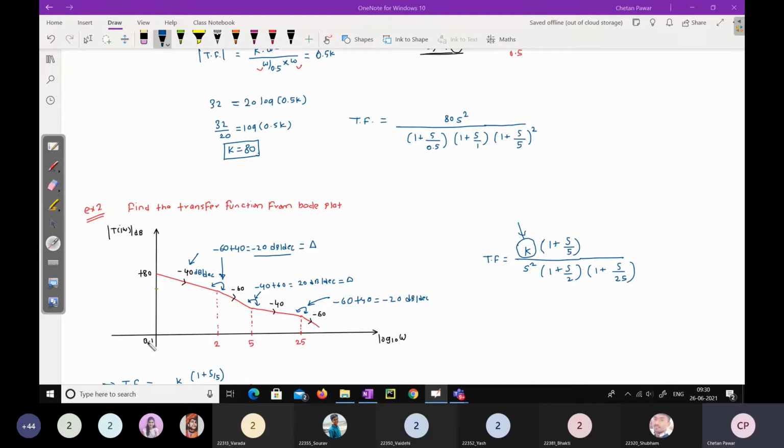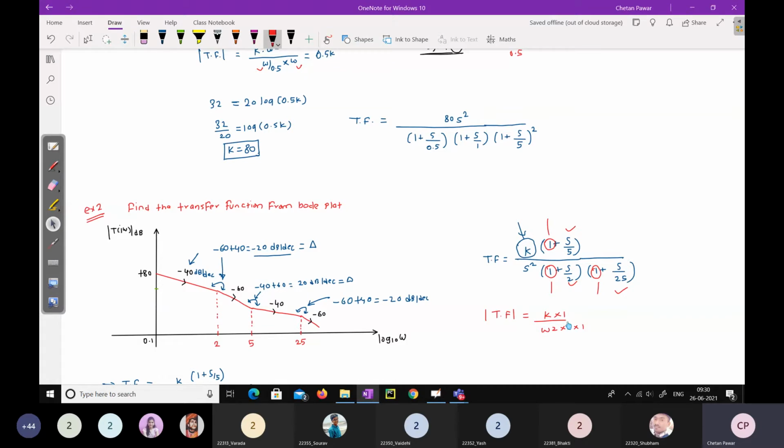So from these terms, if I want to calculate the magnitude, I will take only 1, right? Because these are greater than 0.1. So my transfer function magnitude will be k by omega square into 1 into 1 into 1.